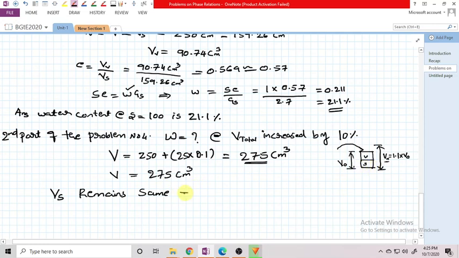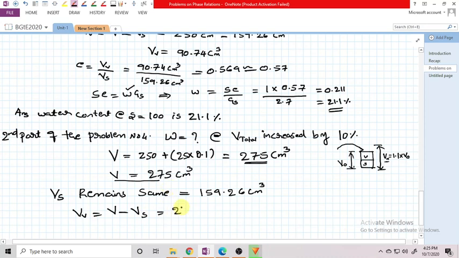How much was it earlier? Earlier we calculated it as 159.26 cm cube. This is not going to change; only the total volume has changed, and the volume of voids will also change. Volume of voids is nothing but total volume minus volume of solids.